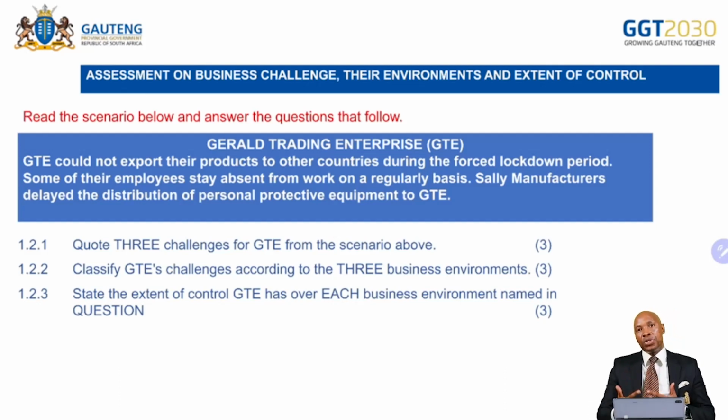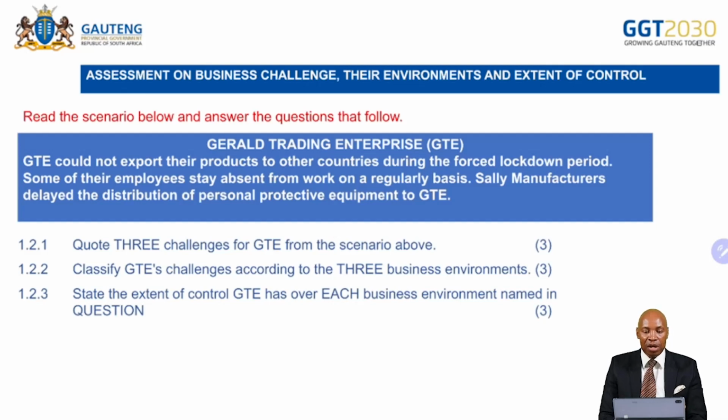This is just to show you, candidates, how activities may be asked, so that you prepare yourself in such a way that you are able to answer any question that examiners may ask you. Here you have a scenario where you quote 3 challenges for GTE.